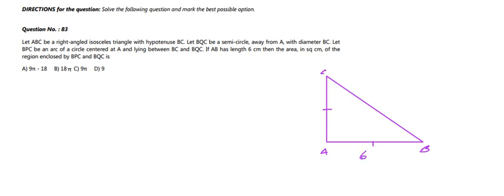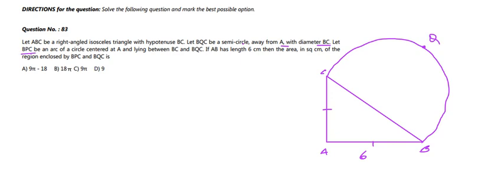So we have been told afterwards, let us continue. Let BQC be a semicircle away from A with diameter BC. So we have a semicircle on BC away from A. This is our semicircle where this point is Q. Now let's continue.